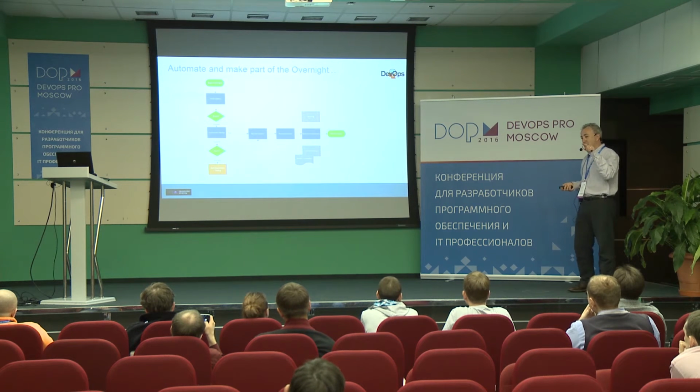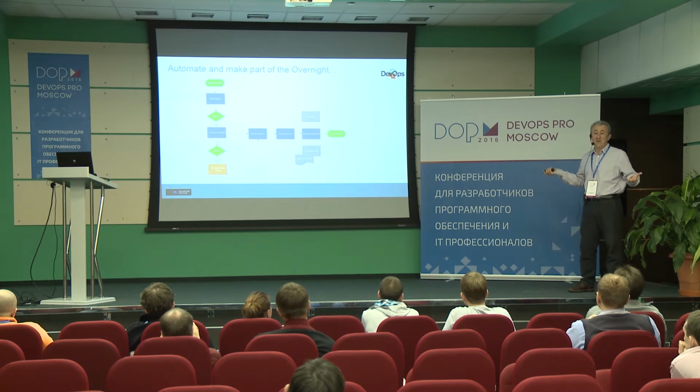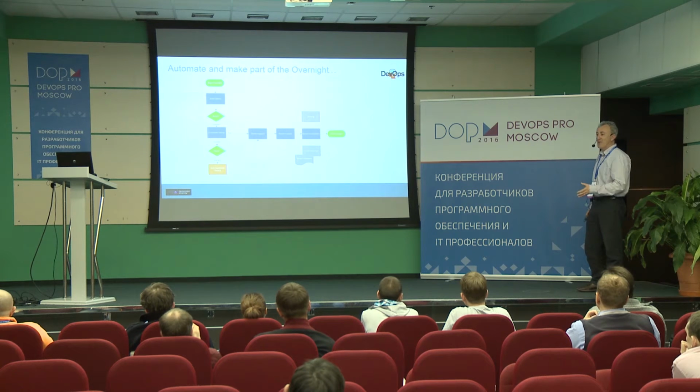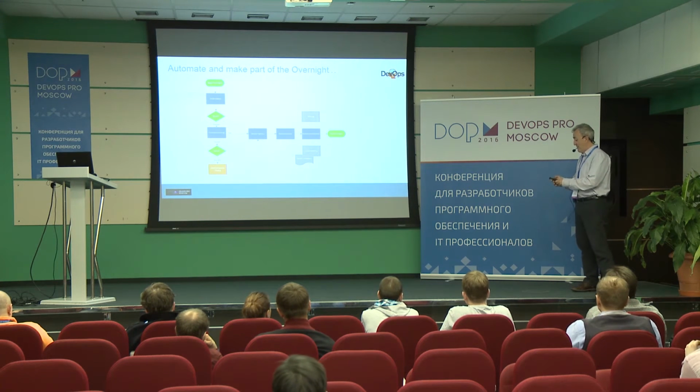So when it becomes part of that automated process, developers are happy. They don't have to do anything extra because it all happens just as part of the overnight run. That's where we want to get to ideally. Because if you minimize the apparent impact of the change, then people are going to do it, and they can also see the value here. They're going to like it, they're going to support it.